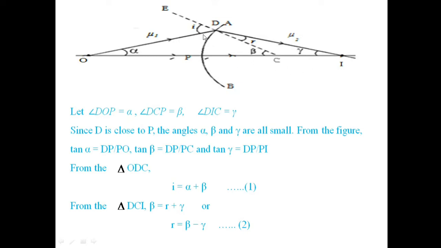Now, in triangle ODC, i is the exterior angle. So, i is equal to alpha plus beta. In triangle DCI, beta is the exterior angle. So, beta is equal to r plus gamma. From Snell's law, mu2 upon mu1 is equal to sin i upon sin r.